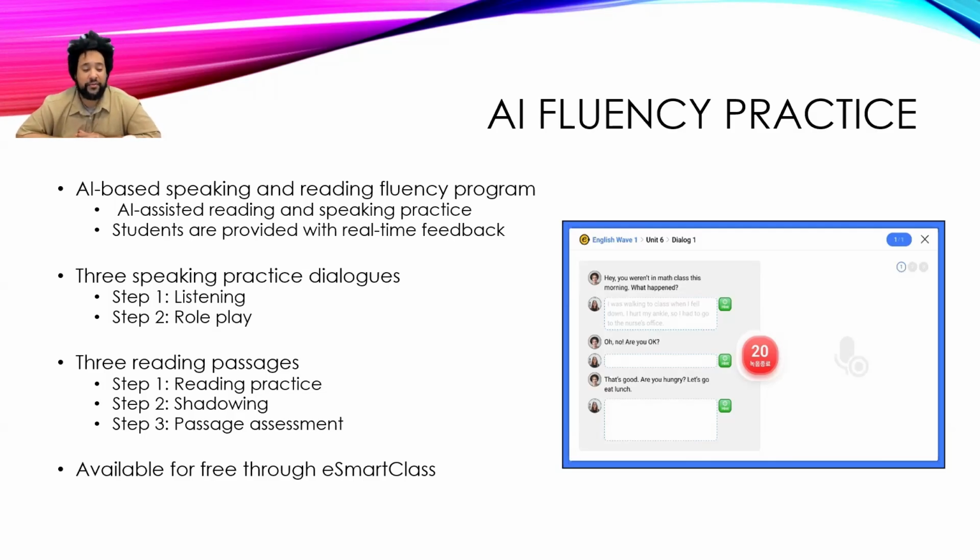And then we have the reading AI fluency. So this is much more similar to what we have for eFuture Discovery, where it's a three-step process with a reading practice, shadowing, and then a full passage assessment.